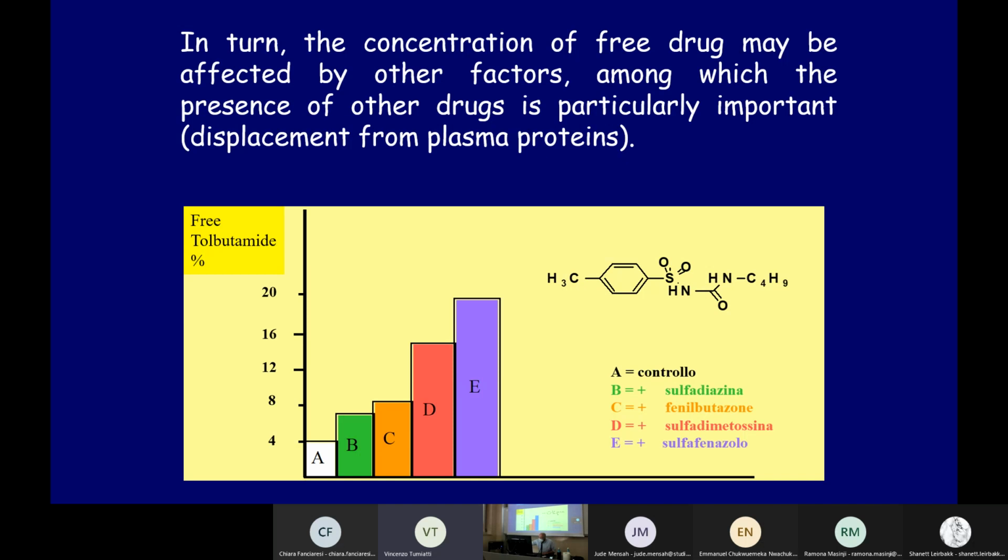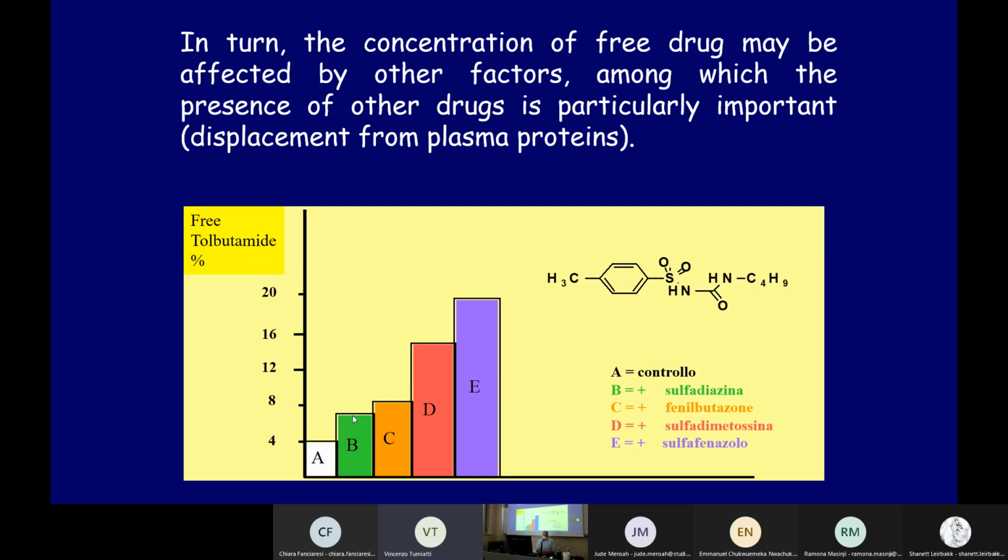In this case, the sulfonamide is able to interact with the same binding site on albumin, and it is able to displace tolbutamide from this site, and the result is an increase in the concentration of free tolbutamide in the blood.